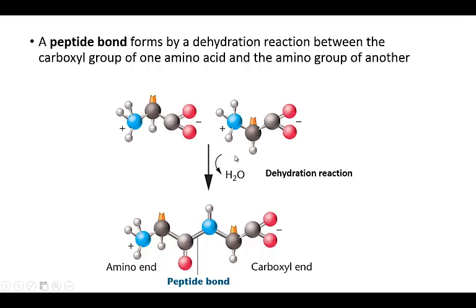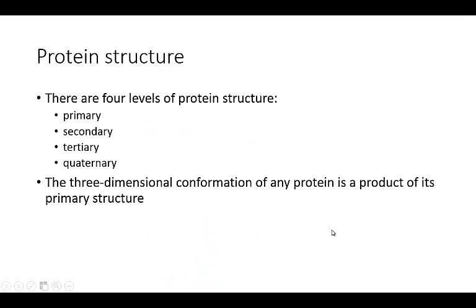This peptide bond, again, forms by this dehydration reaction. You're just having one amino acid attached to the second amino acid. This interaction we call a peptide bond. There's always going to be an amino end and a carboxyl end, the COOH and the NH2. When we're talking about protein structure, there are 4 potential levels of protein structure.